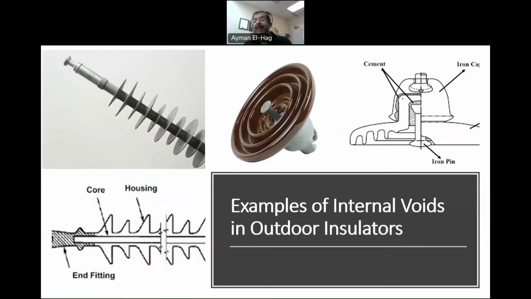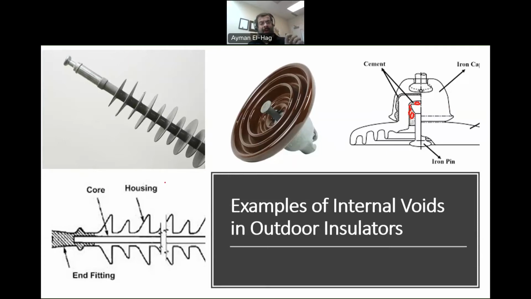We have cement that holds the ceramic structure with the metallic cap and pin. Due to aging, voids start to develop inside this cement structure, or sometimes cracks. That will lead to field enhancement, as we'll discuss in the coming slide, which will lead to internal discharge. So in ceramic insulators, the main cause of internal voids is aging.